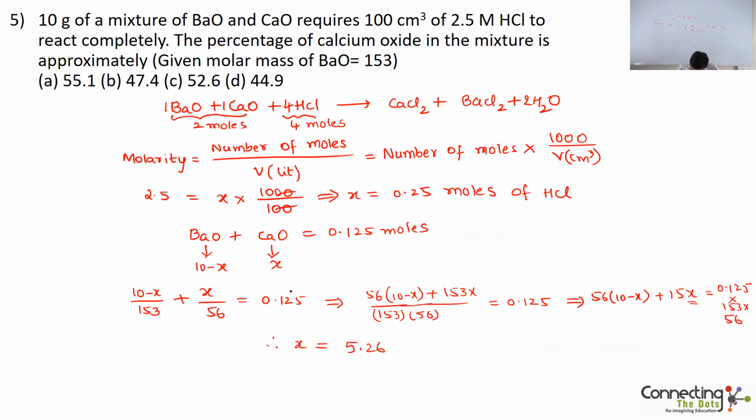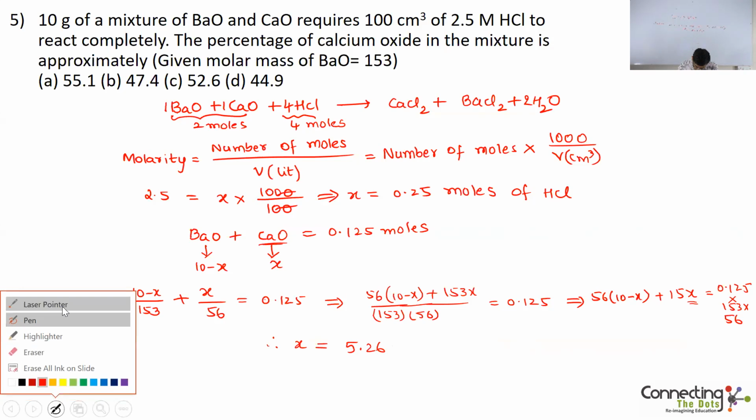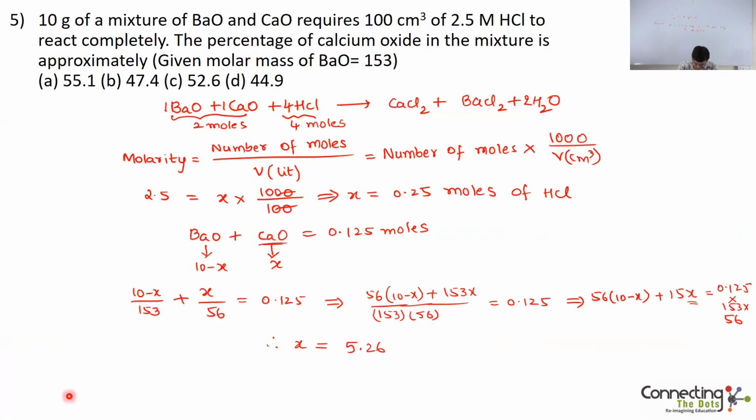So x is nothing but calcium oxide. So that's what we considered. Now from that you can calculate the percentage of calcium oxide. So how to do it? Calcium oxide mass is 5.26. So percentage of calcium oxide will be equivalent to 5.26 divided by total mass.